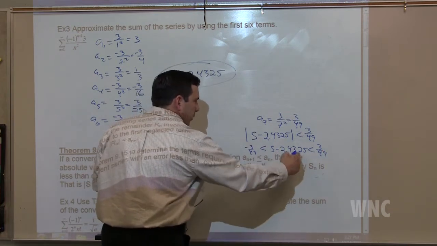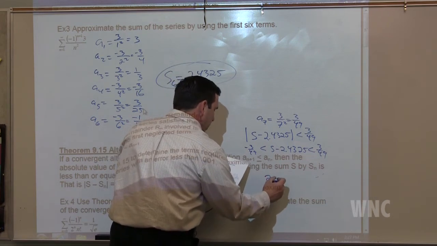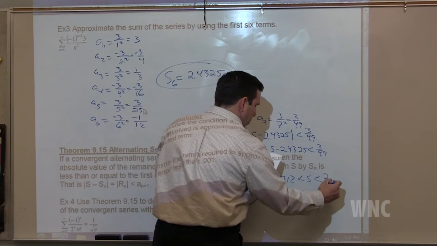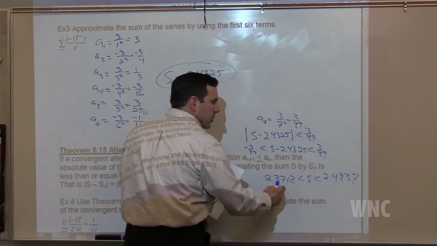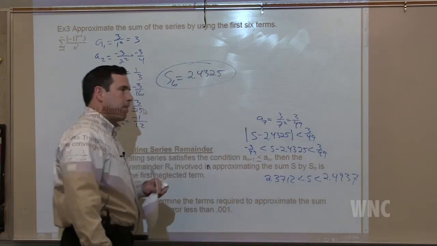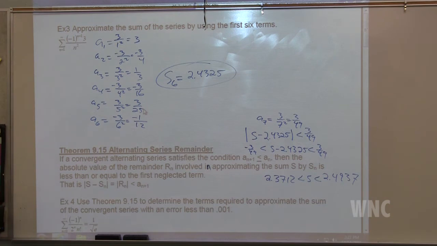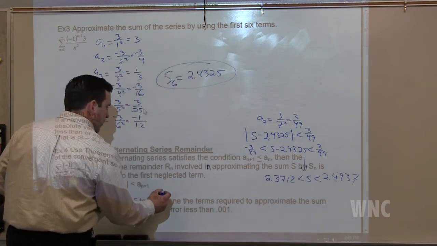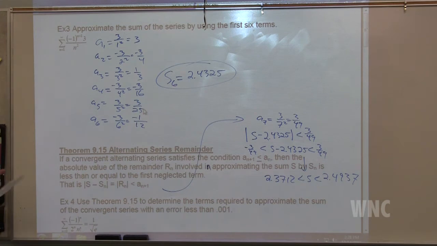Adding 2.4325 to each side, we have 2.3712 is less than s, less than 2.4937. We know that the actual sum is between these two values. That's how this is useful. We have a bound for the actual sum. Okay, so that's the application of that one.